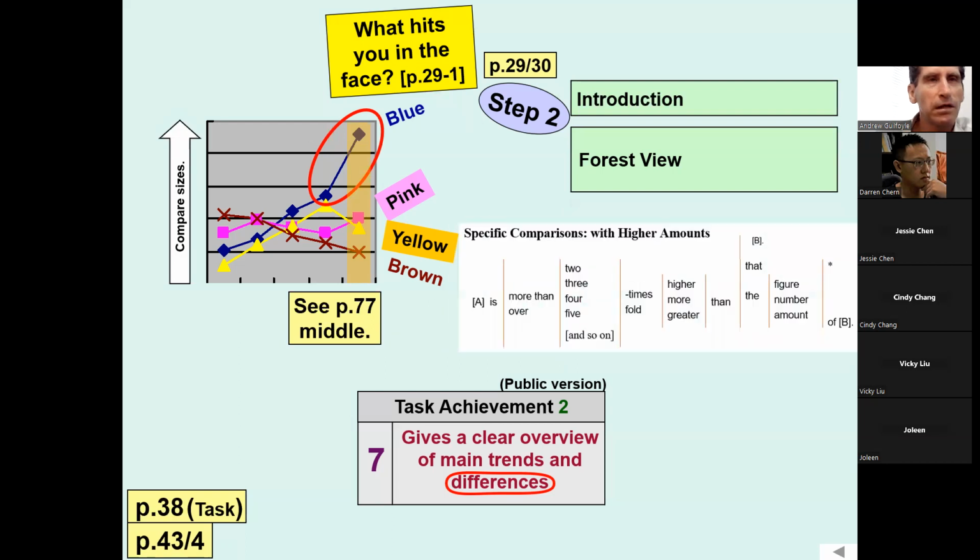And here it is. Can someone make a sentence? Shall I just pick someone? Like Jolene, can you make a sentence comparing blue, pink?